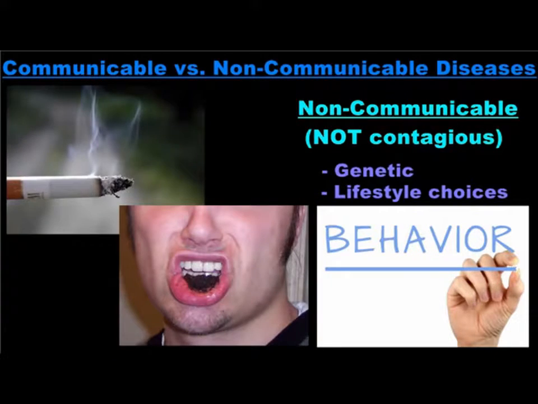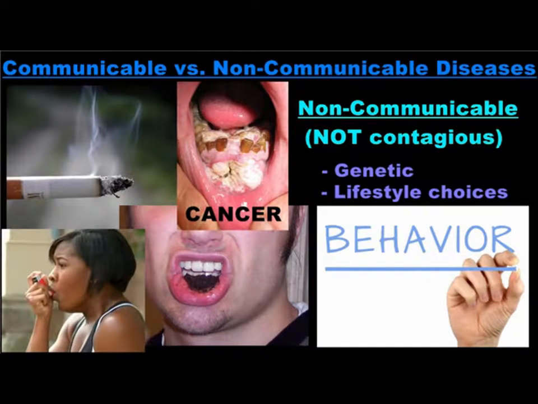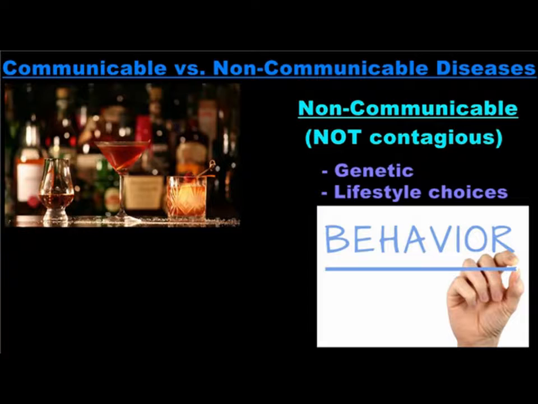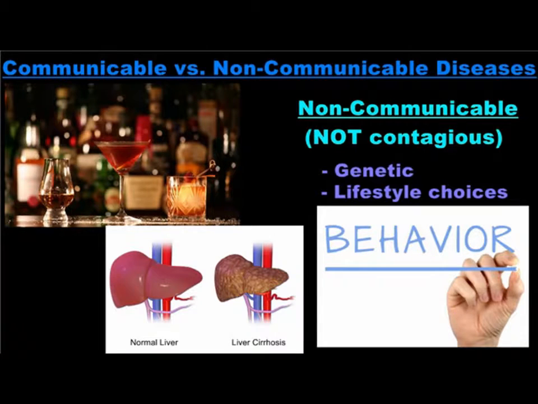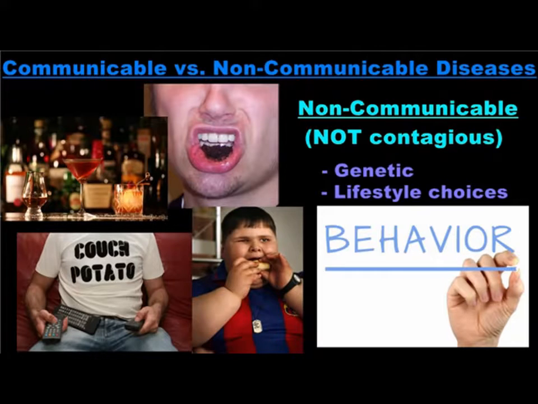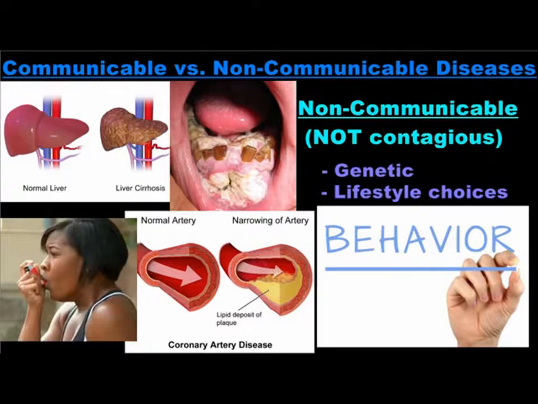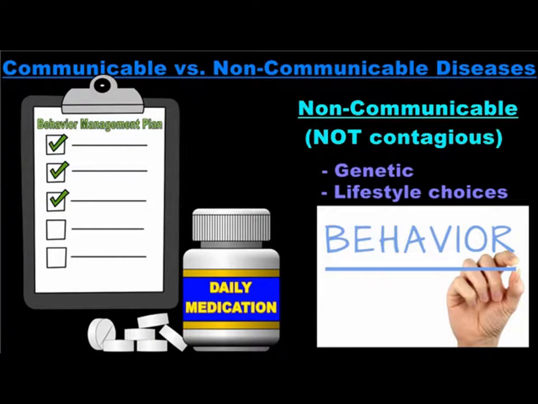The decision to use tobacco products could lead to asthma or a number of different cancers, while alcohol abuse could lead to cirrhosis or hardening of the liver. These conditions are the result of personal choices an individual makes for their life and obviously are not contagious. The illnesses associated with behavior are chronic, however, so they often have no cure, but instead require daily medications and behavior management plans.